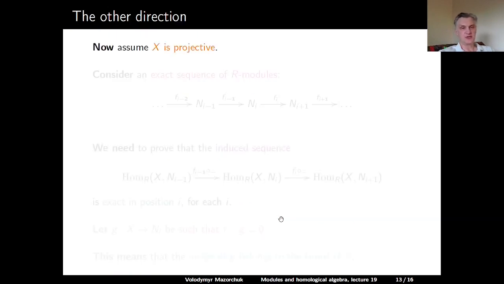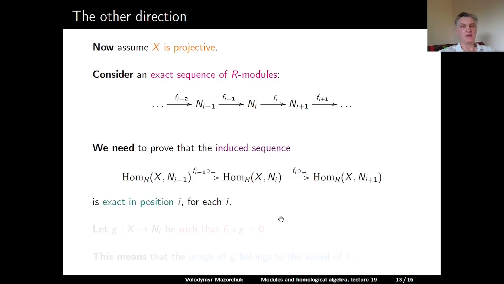Assume that X is a projective module. Consider an exact sequence of R modules, which is a complex consisting of the R modules N sub i-1, N sub i, N sub i+1, and so on, and module homomorphisms f sub i-1, f sub i, and so on. We need to prove that the induced sequence, which is obtained from this one by applying the functor hom from X, is exact at each position.